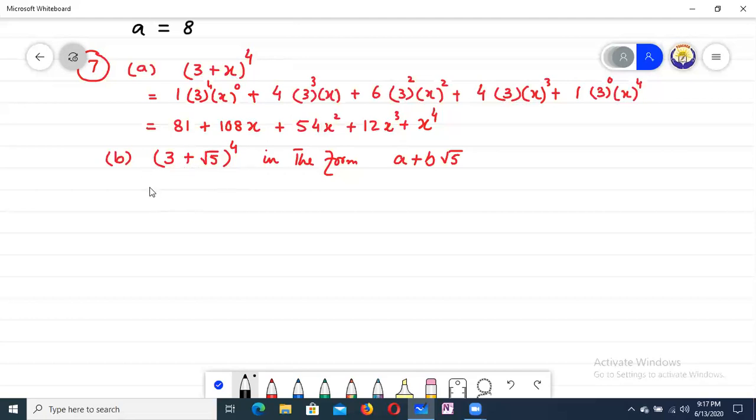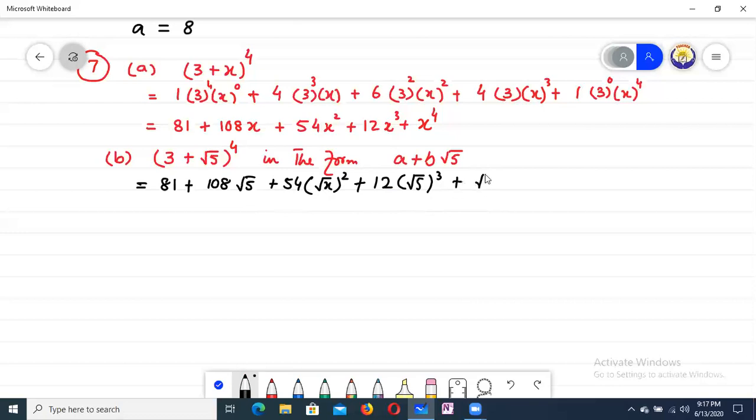An expansion of this one will be 81 plus 108x, x we can write as square root of 5, plus 54 into x square, x is square root of 5 squared, plus 12x cube, 12 into square root of 5 cube.